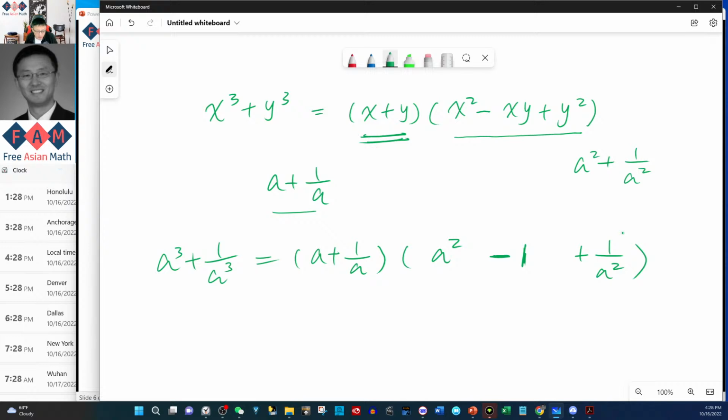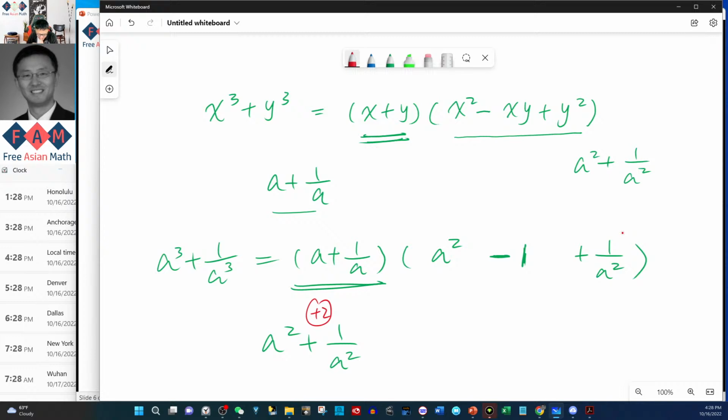This is nothing new. We already know this. We know how to do this because at that time we subtracted 2 in the middle. Originally, remember, the original middle term is plus 2. We get this by subtracting 2 from the square.